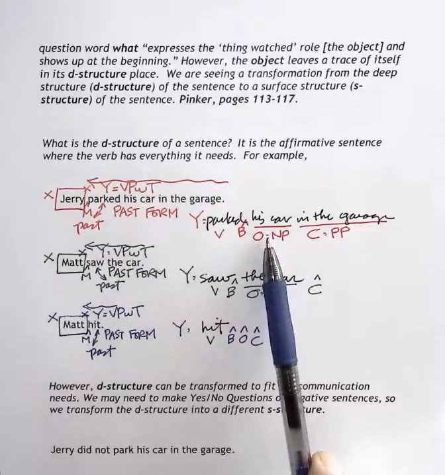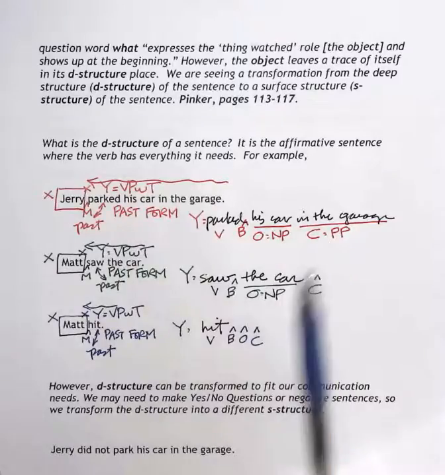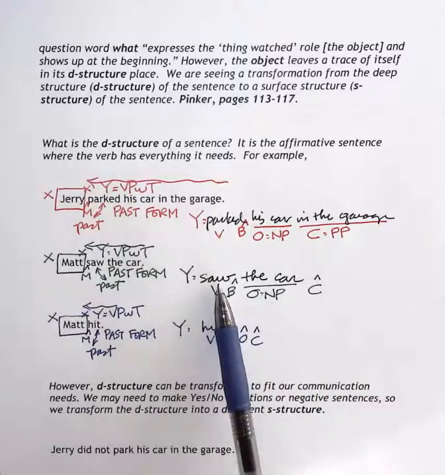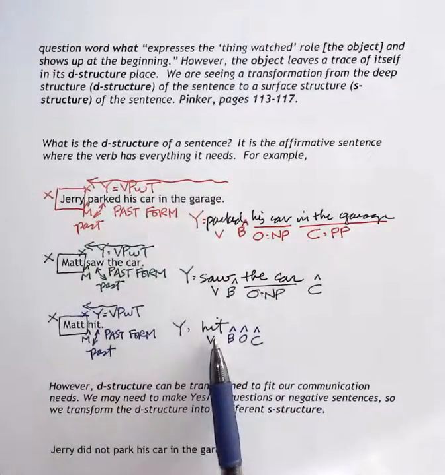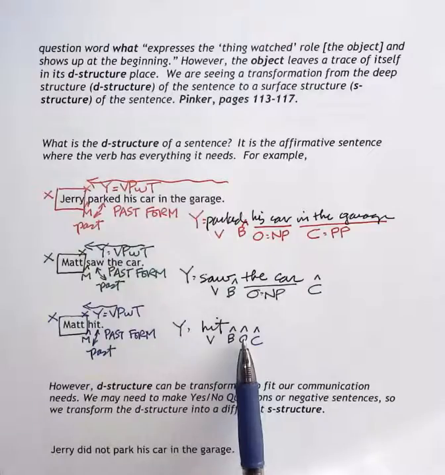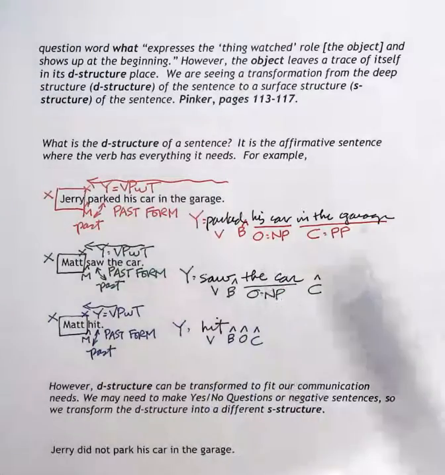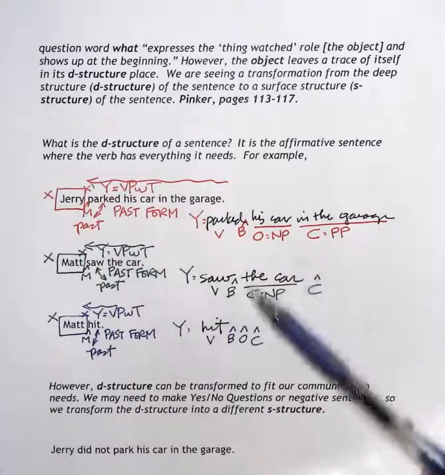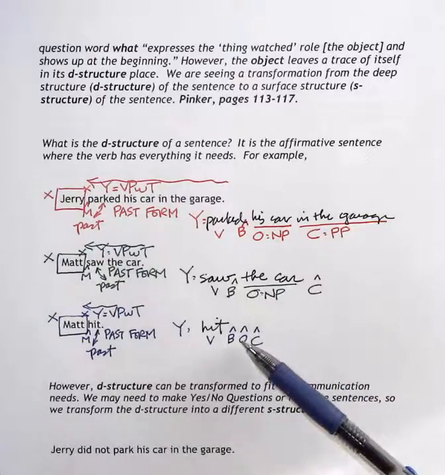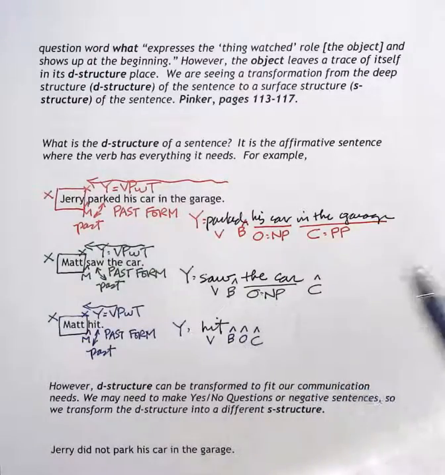A thing parked and a place. A verb like saw may require just an object, no complement. A verb like hit requires an object, and when a verb gets everything it needs, like in parked his car and saw the car, then this is a D structure. It's the deep structure. And something like hit, we feel that the sentence is not complete. It's just not right. And that's because the verb isn't getting everything it needs.